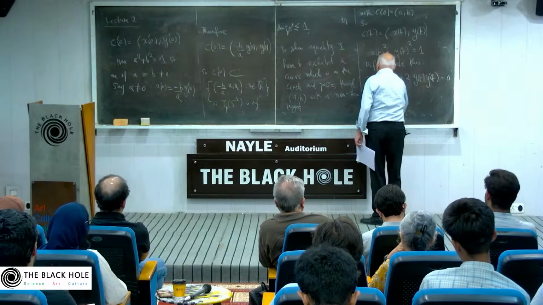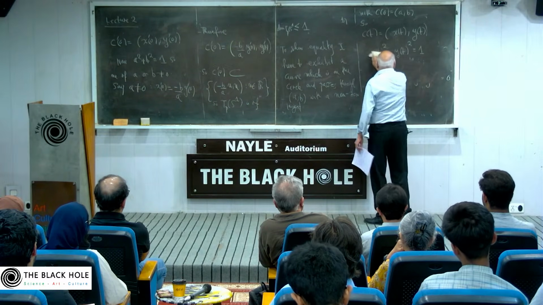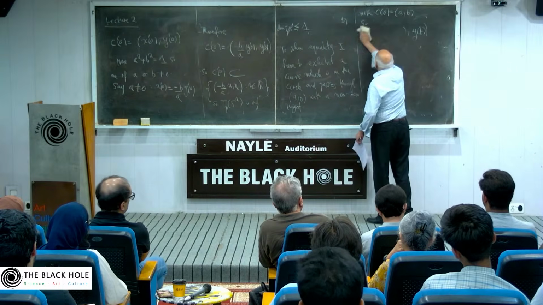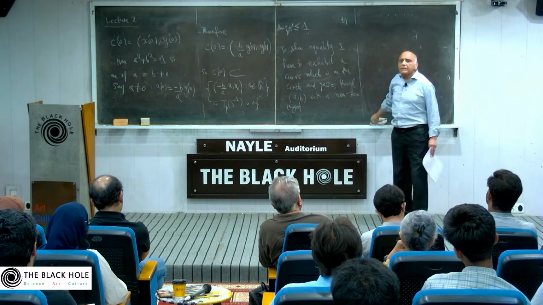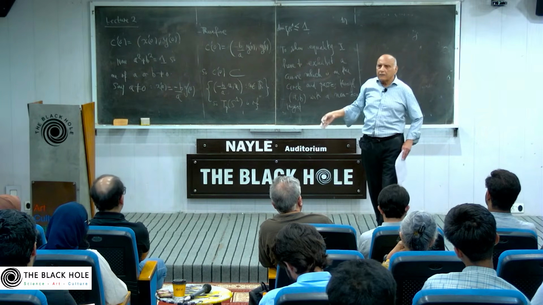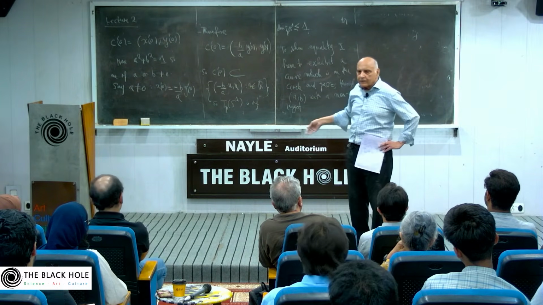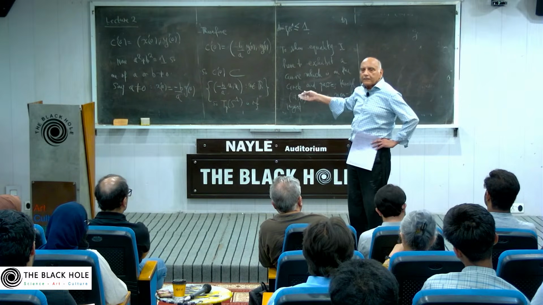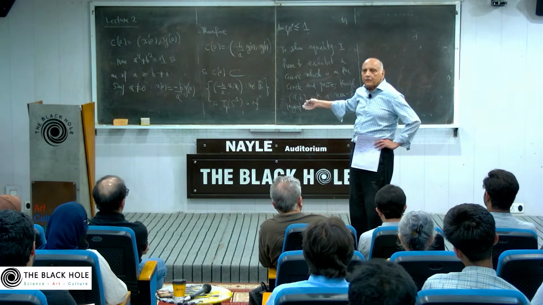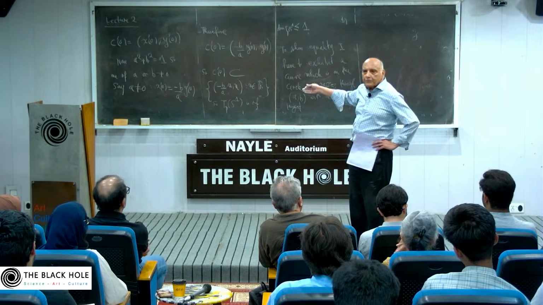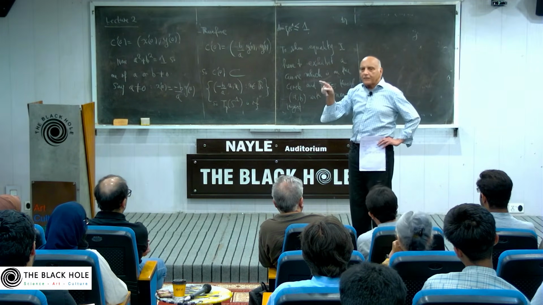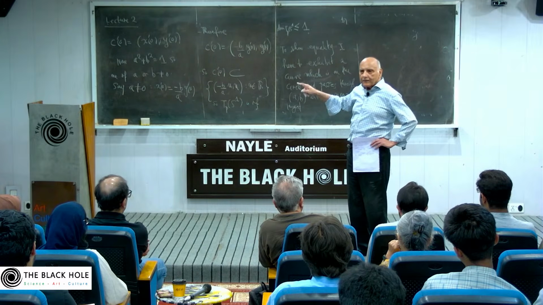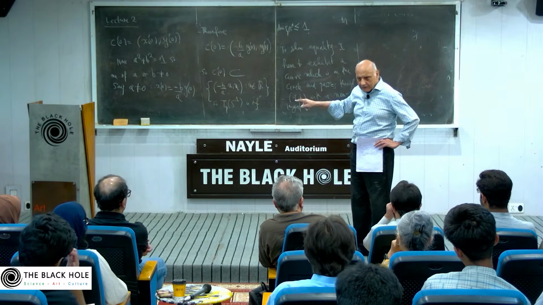So what's the normal parameterization of the circle? Cosine theta and sine theta. So I can write A as cosine theta 0 and B as sine theta 0, right?